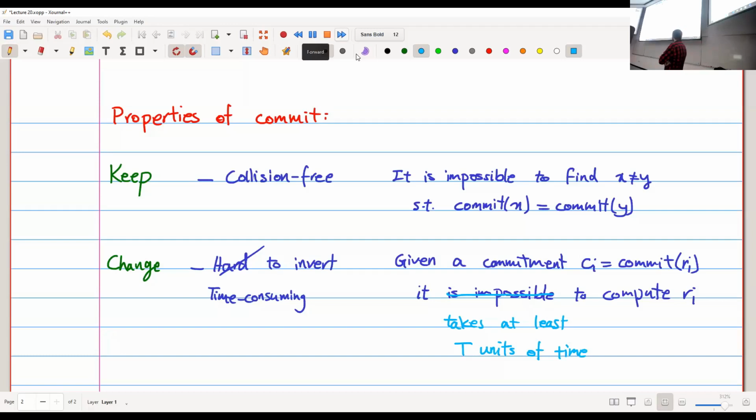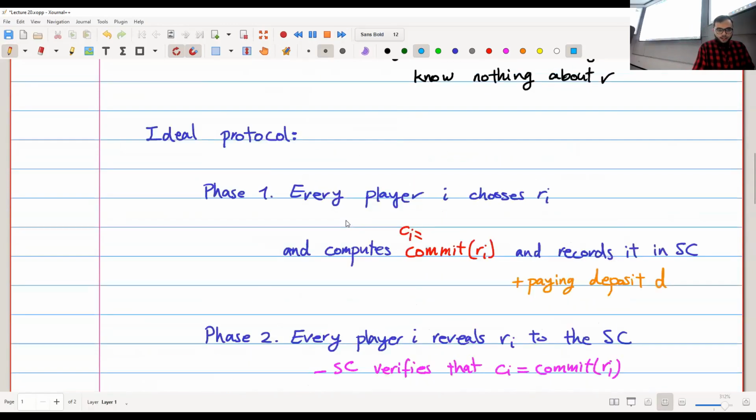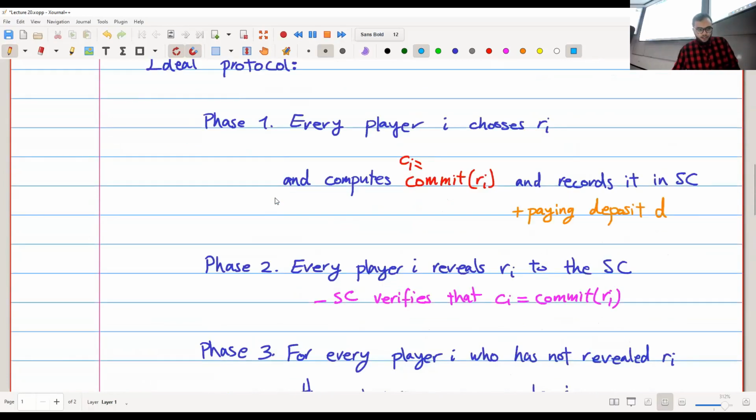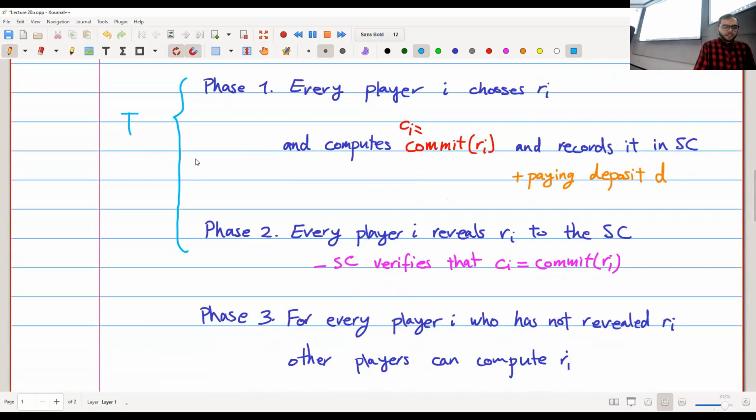If I had a commitment function like this, then I could also set the timing here so that maybe phase 1 and phase 2 together, they take, let's say, t units of time. Or maybe even less. Maybe I want to be safe and I say I allocate only half of t to these two phases. And then phase 3 is everything that comes after.